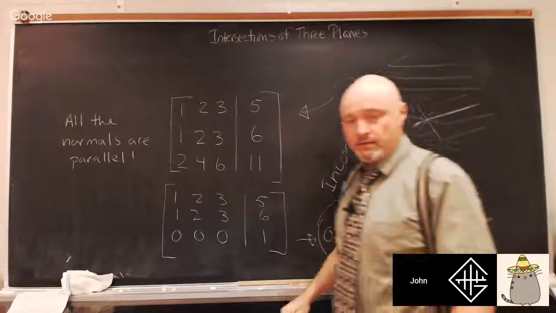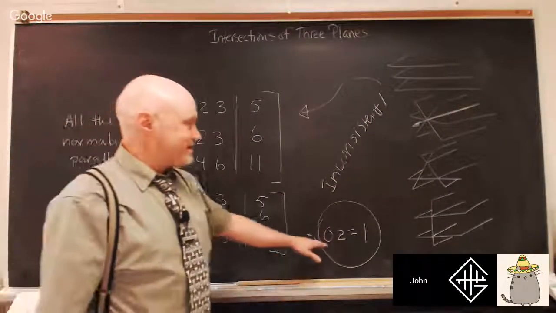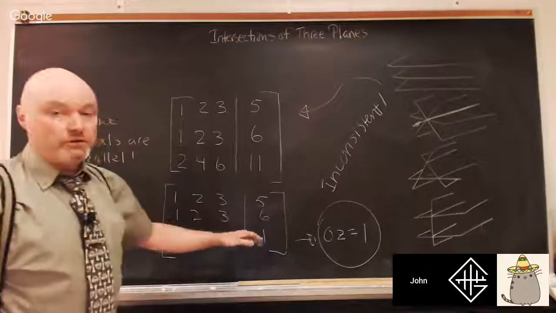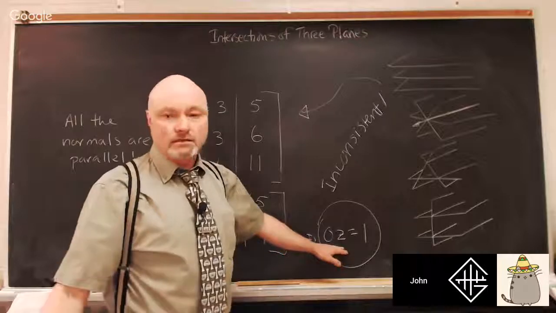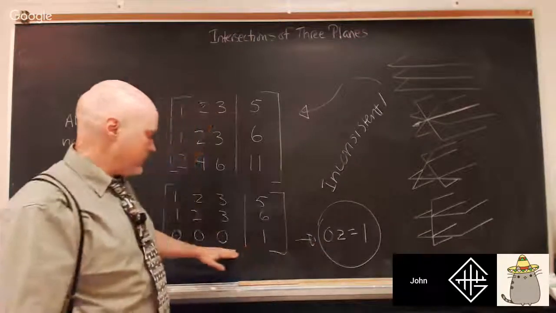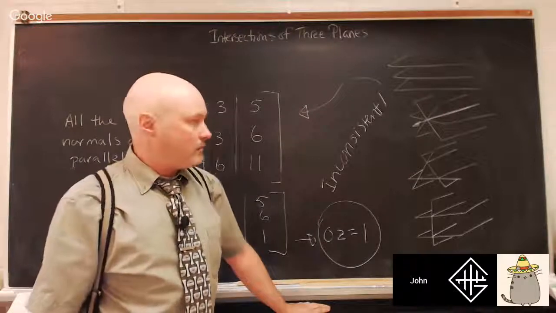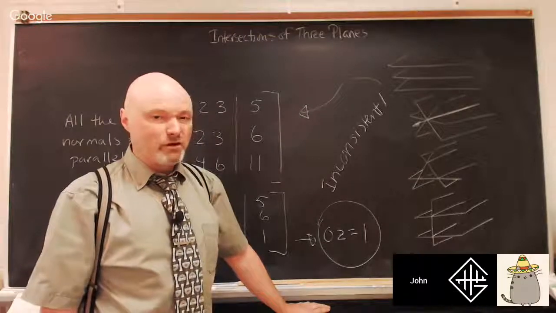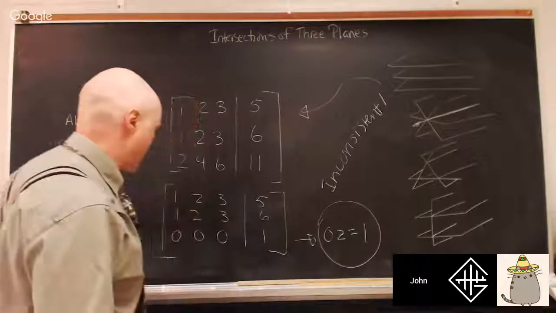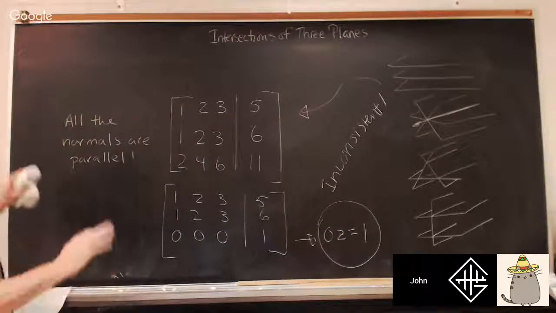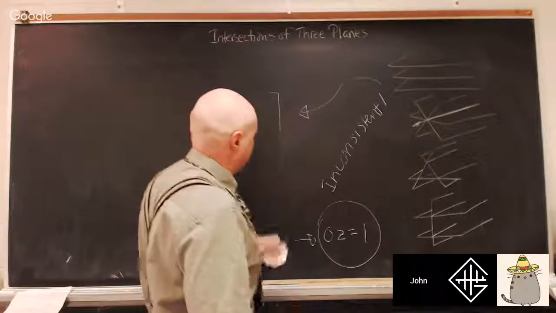There's no value of z where I multiply it by 0 and I get a 1. So when I reduce my matrix or solve my system of equations, I wind up with this inconsistent solution down here at the bottom, 0z equals 1. Can't happen. And so I know I've got a problem. I don't have an intersection. All the normals are parallel.